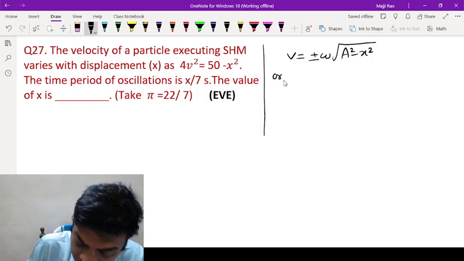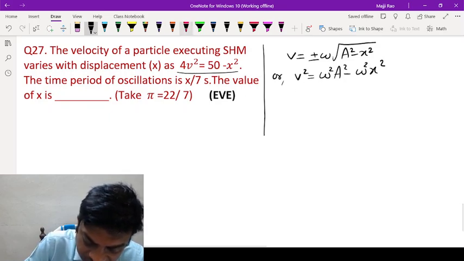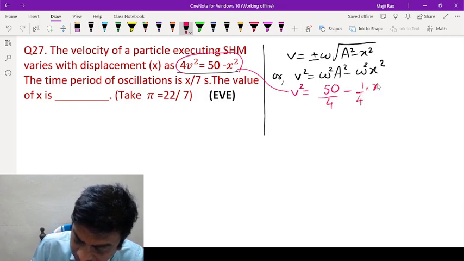So squaring both sides, we have v square is equal to omega square a square minus omega square x square. So remember the coefficient of v square is 1. So rewriting this, dividing both sides by 4, I can write like this.